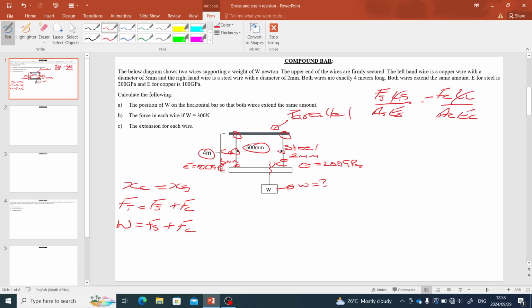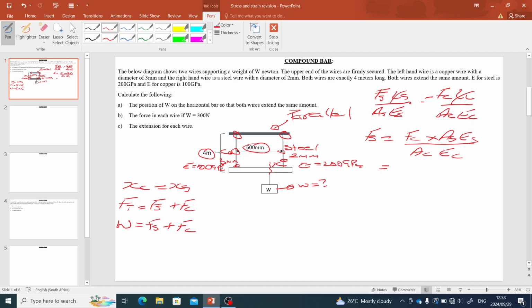The L and the L will cancel out. We are going to make Fs the subject of the formula. Then we cross multiply, and we have Fc multiplied by As Es divided by Ac Ec. The area, the pi and the pi will cancel out, the 4 and the 4 will cancel out, then we'll be left with diameters. That's the route we'll be taking.